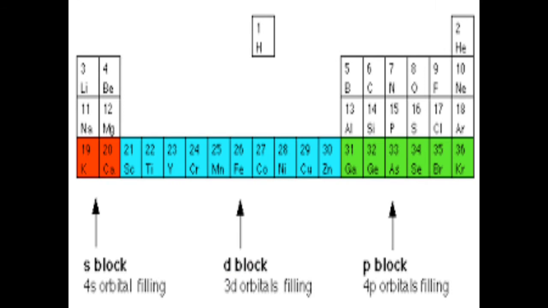More about them. They are also referred to as d block elements because they have partially filled d subshell orbitals, or these are those elements in which the electrons are filled in the d subshell.